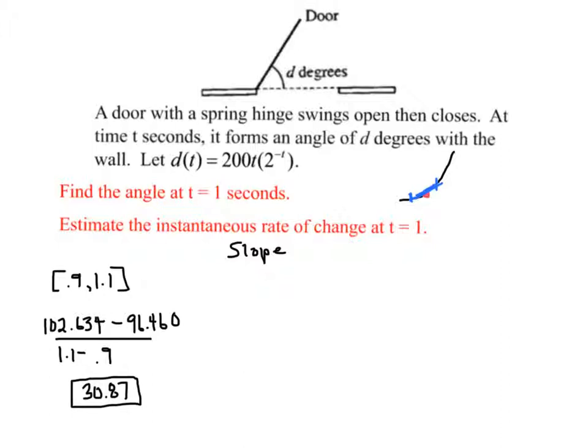Okay, so that's not a bad estimate of the slope. It's only a tenth away. But with the equation, why couldn't I get even closer? So let me do 0.99 and 1.01. Okay, and I'll put this work right down here.